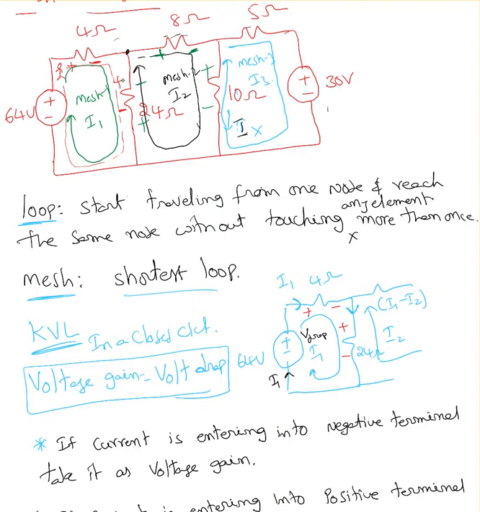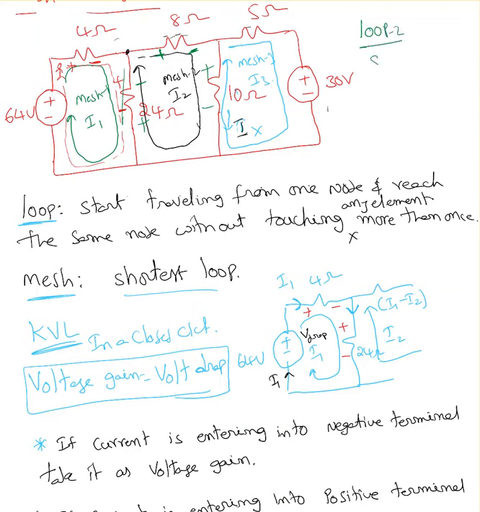I'm ignoring the previous ones. For loop 2, I'm assigning again according to my current direction. So this is a voltage drop, that's a voltage drop, this is also a voltage drop. So the sum of all three voltages must be equal to 0. When it comes to loop 2, apply KVL.